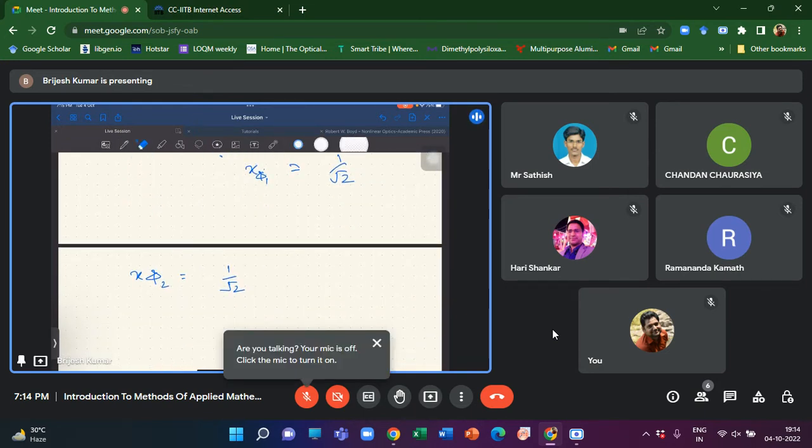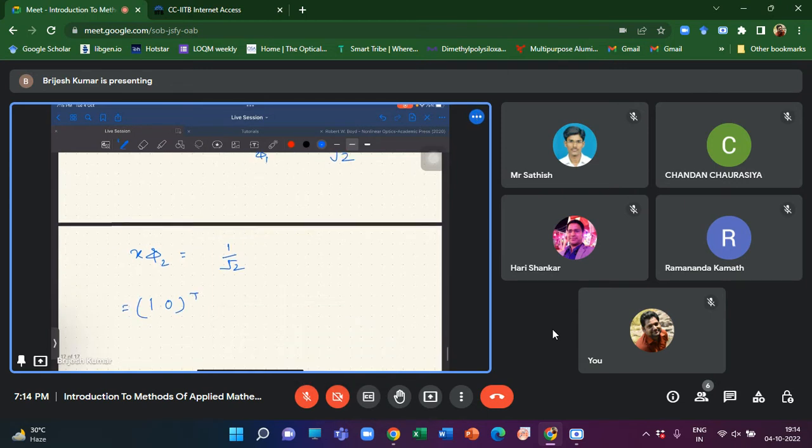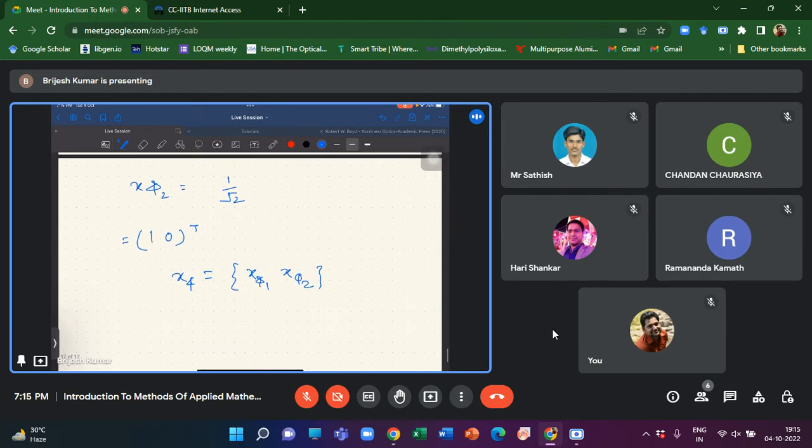Okay, so thus in this new coordinate system, our point, which was (1, 0) transpose, becomes x phi, equal to x phi 1 and x phi 2 transpose, so our x phi is (1, 1) upon root 2.